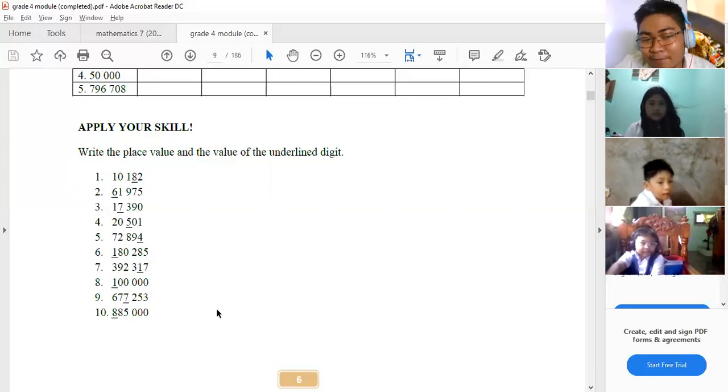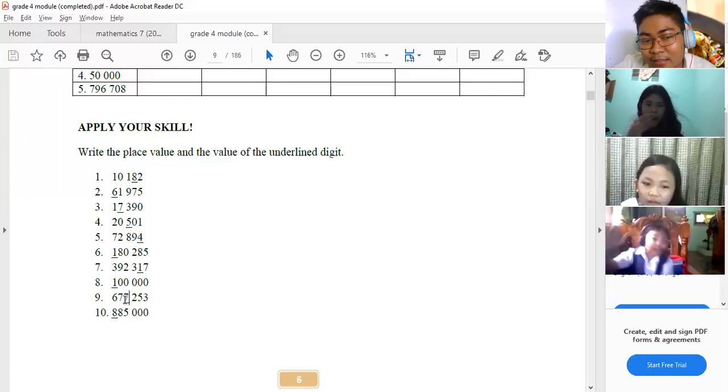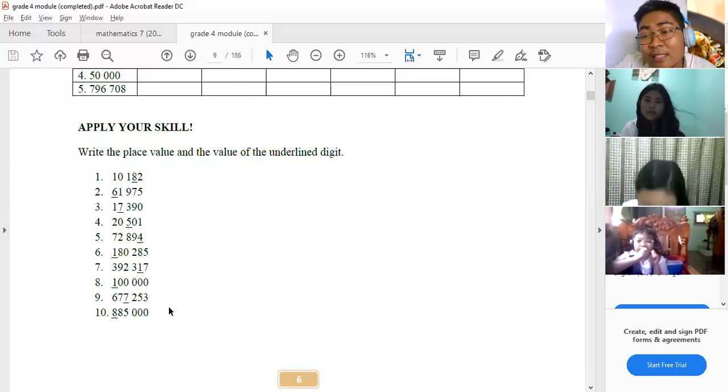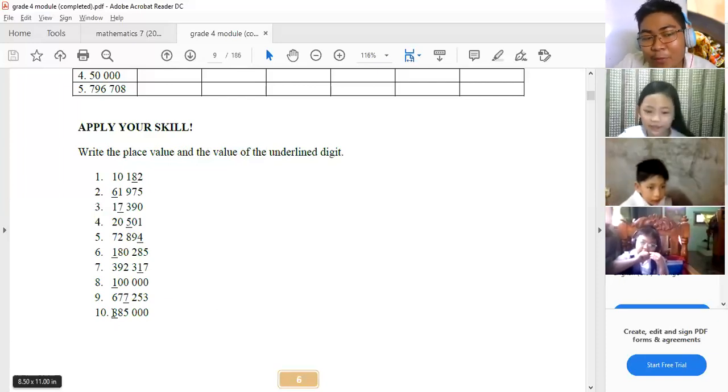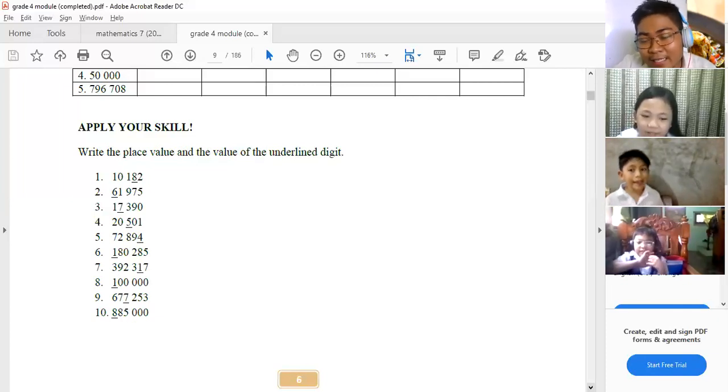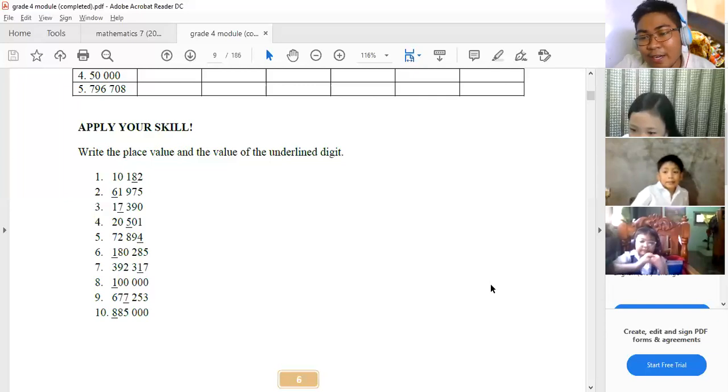Number 8, 100,000, and the value of it is 100. Number 9 is thousands, the value is 7,000. Number 10 is 100,000, and the value is 800,000. Very good.